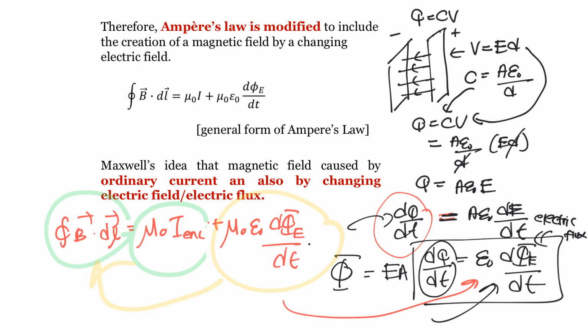And this is basically Ampere's law, and we embody the Maxwell idea. The magnetic field can be caused not only by ordinary current, which is this one, but also by the change of electric field or electric flux. So we already have one formula from the Maxwell formulas.